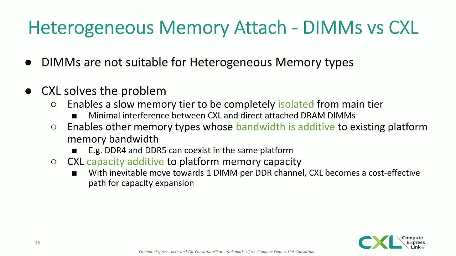And then finally, CXL really allows us here to continue to scale capacity as well. So similarly to bandwidth expansion, we can scale the CXL links up, and we can provide a large amount of additional memory capacity if the application demands it, just by scaling up the CXL links and the CXL memory devices attached to those links.